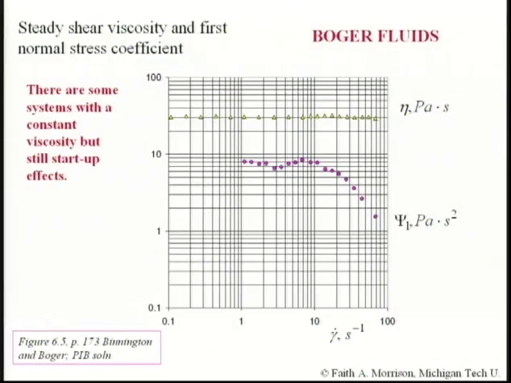And there are some materials that have a constant viscosity, but then have interesting non-Newtonian effects. Okay? Unfortunately, it also doesn't predict these because it doesn't predict this first normal stress coefficient. But for some aspects of these so-called Boger fluids, materials of constant viscosity, this model works very well.